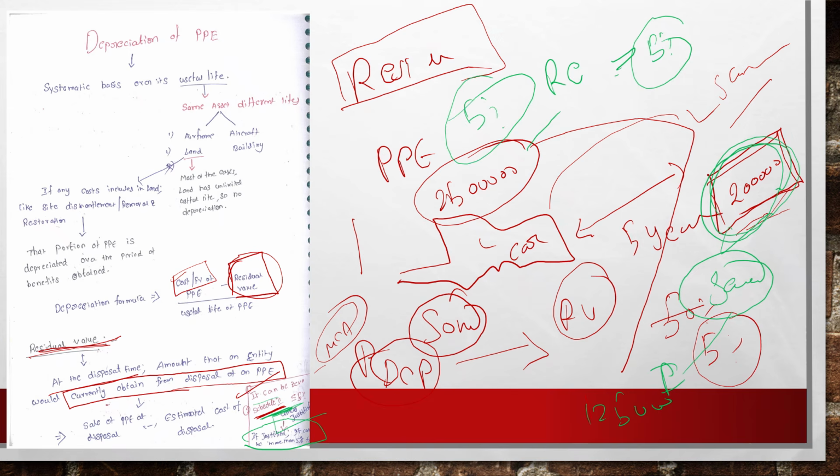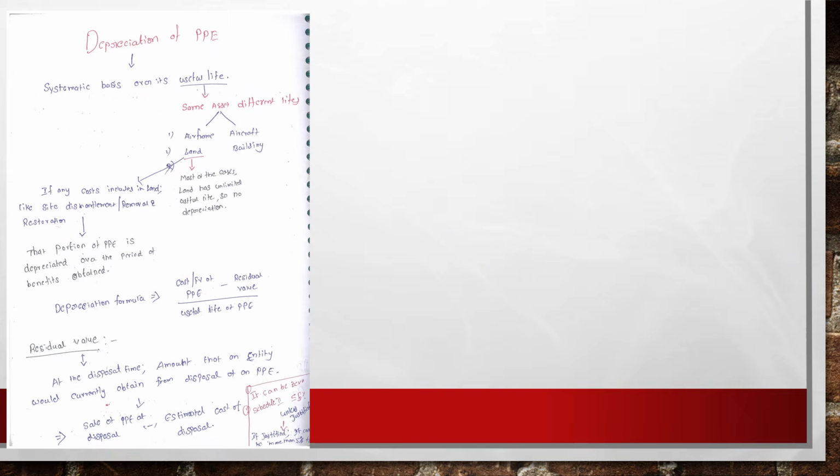So generally for 5% there is no justification needed, so you can easily reduce your value, but for more than 5% you should do the justification. And then what is the residual value?